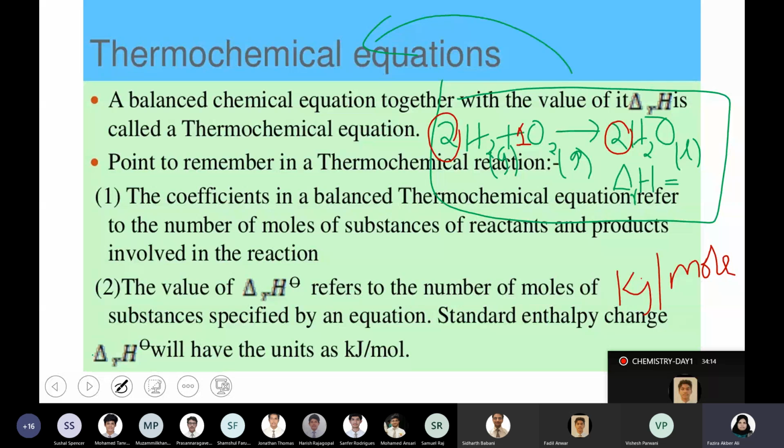Wherever you have standard enthalpy of fusion, standard enthalpy of formation, or standard enthalpy of combustion, which we are going to discuss next, anywhere you see the word standard, the unit of enthalpy is kilojoule per mole. If it is not standard, you will get the answer in kilojoule.